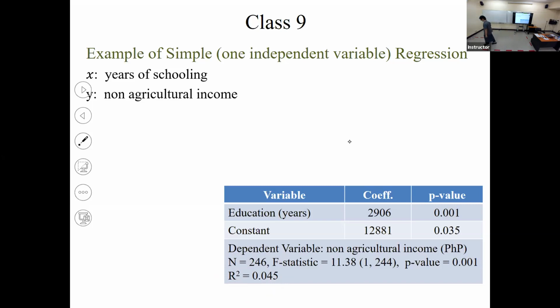But that is not the most important thing. The most important thing is the coefficient, each coefficient, this one, and the p-value. Okay, that is your purpose. Okay, but it's customary to show this kind of overall statistics somewhere in the table. Okay, as good practice.